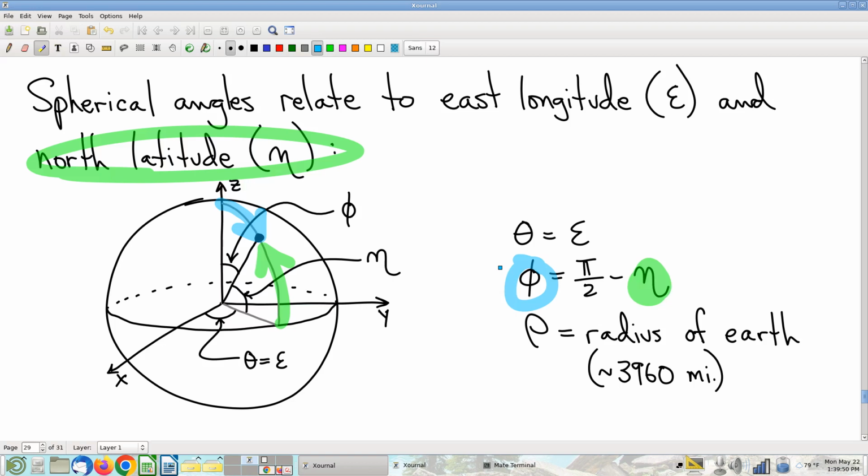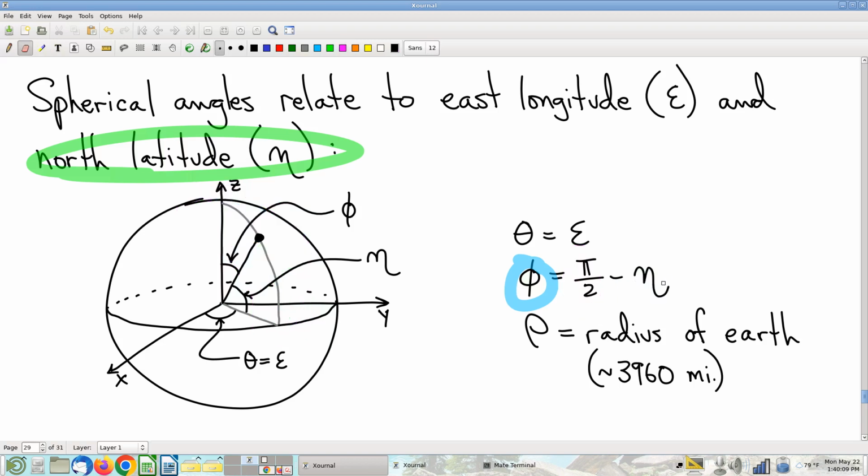So latitude and phi are not the same. However, it's pretty easy to notice that they always add up to pi over 2. And so it's pretty easy to write phi in terms of latitude, even if they're not exactly the same. Is everybody with me on that?